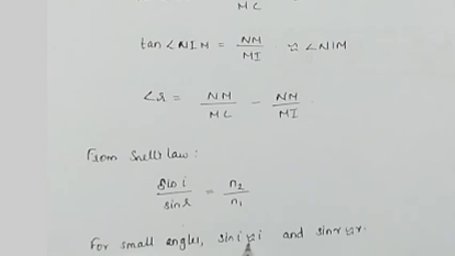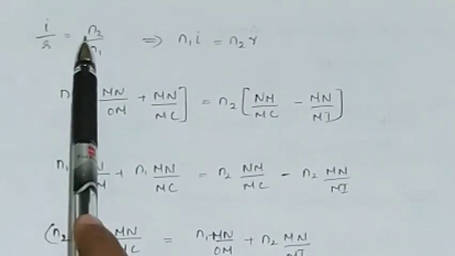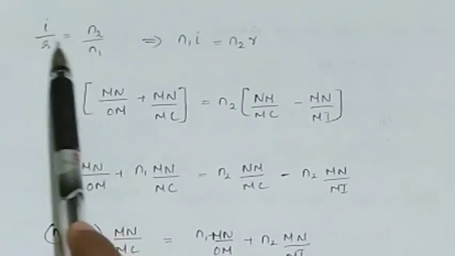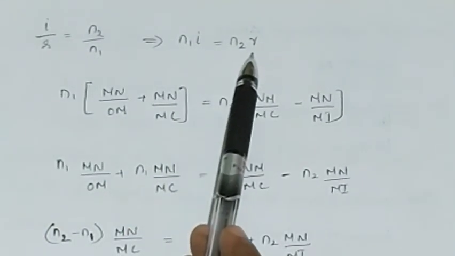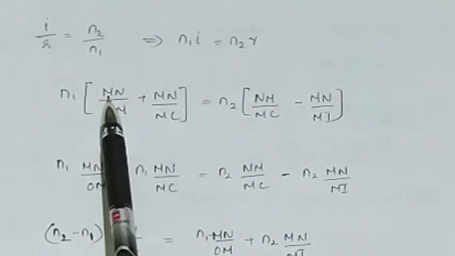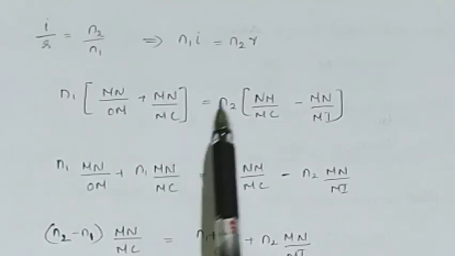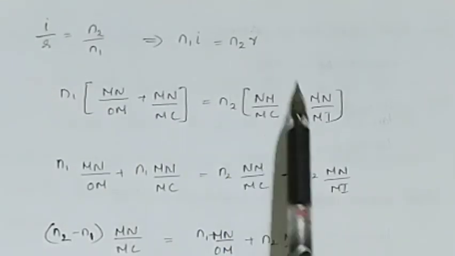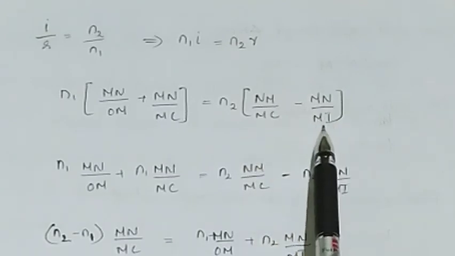Therefore, sin I can be approximated to I and sin R can be approximated to R. So, sin I by sin R can simply be written as I by R, which is equal to N2 by N1, and from which we can write N1 into I is equal to N2 into R. And we have already obtained angle I as NM by OM plus NM by MC, and angle R as NM by MC minus NM by MI.